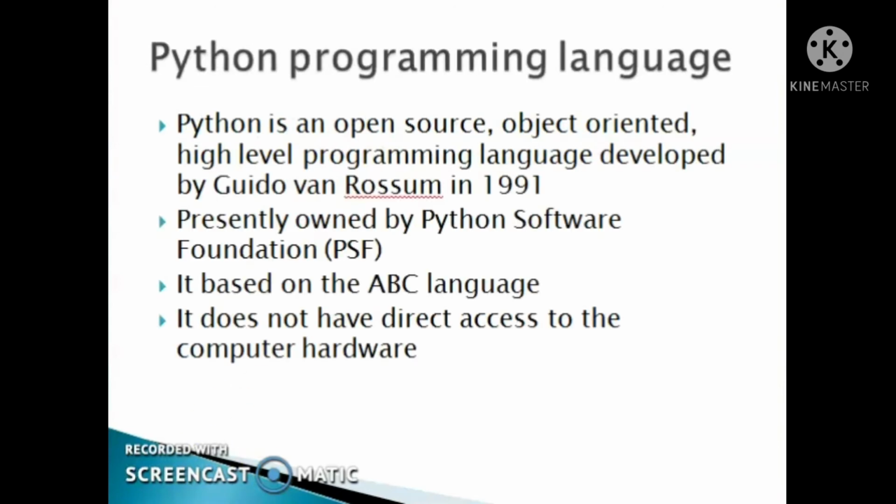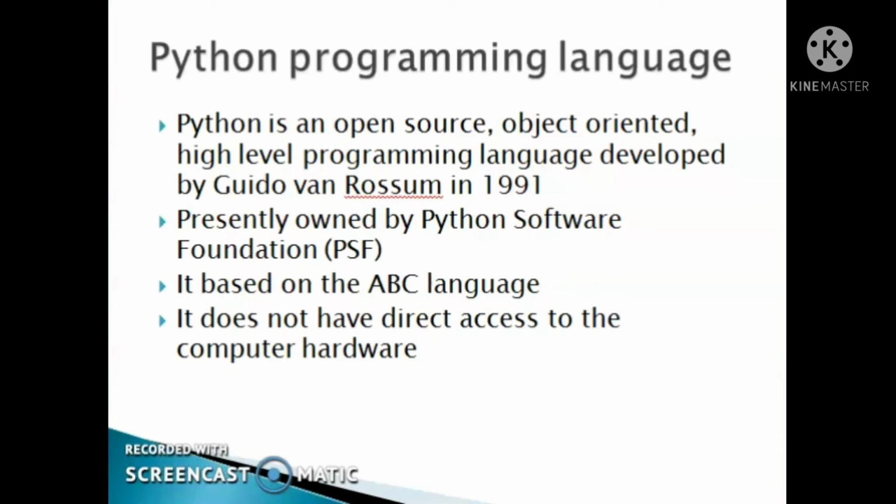Next is the Python programming language. Python is an open source, object-oriented, high-level programming language developed by Guido van Rossum in 1991. Presently owned by the Python Software Foundation.